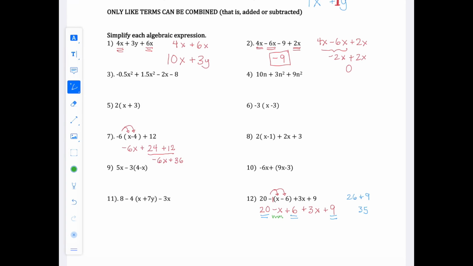And now I'm going to look at the other two terms. They are like terms. I have negative x plus 3x. So negative 1x plus 3x leaves us with 2x. And the last thing we do is attach the positive 35: 2x plus 35.